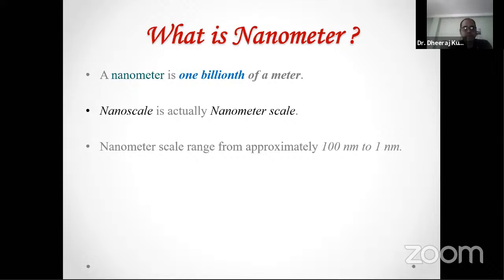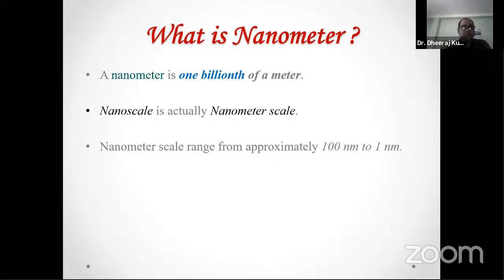I am starting with the first section, and I will introduce the nanometer. As you know, in length scale, a nanometer is one billionth of a meter. Sorry, 1 nanometer equals 10 to the power minus 9 meters.